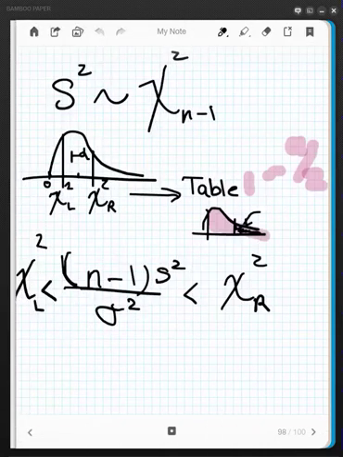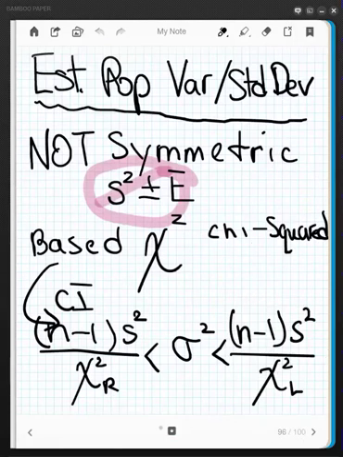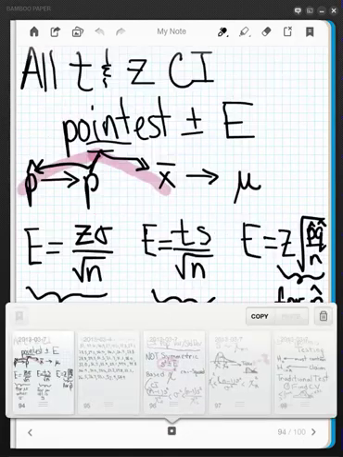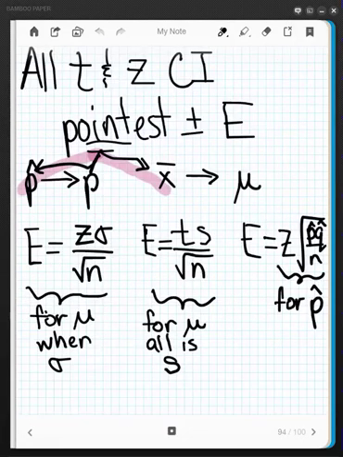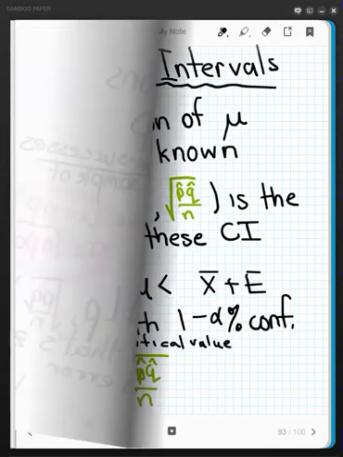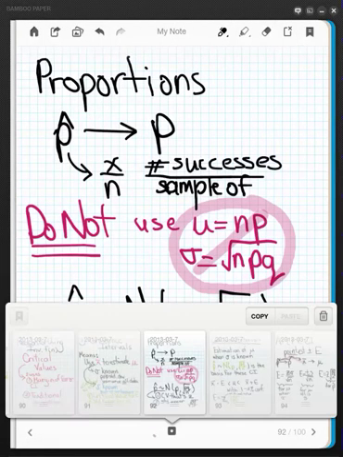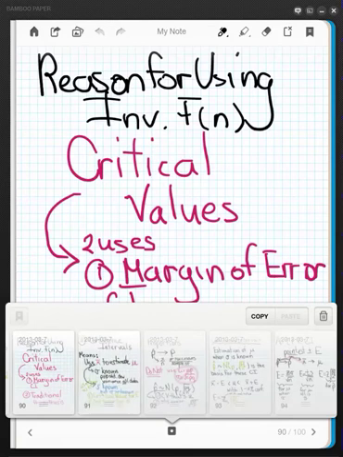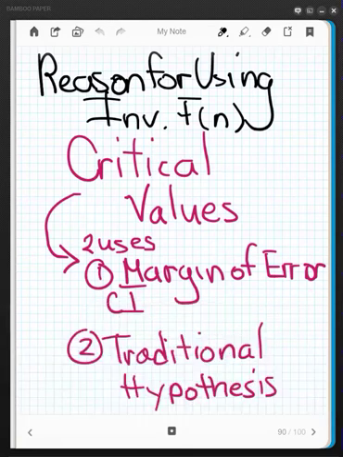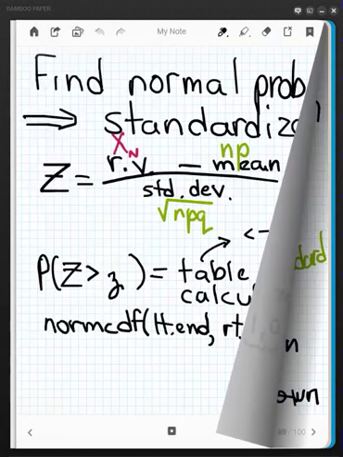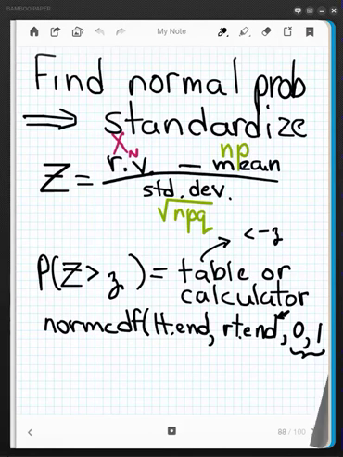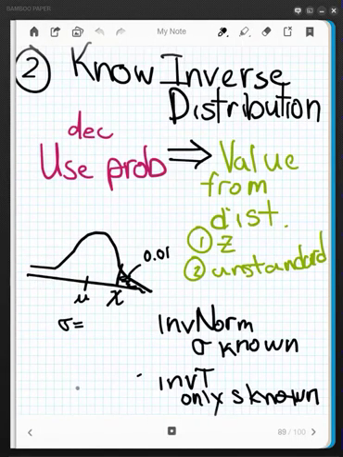I can scroll way back here to know an inverse distribution, a value from the distribution based upon a probability. That's what critical values are.